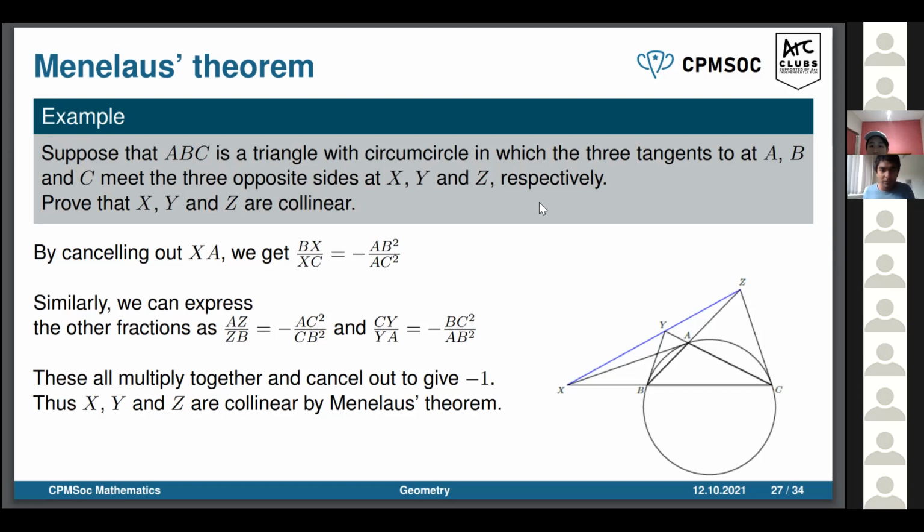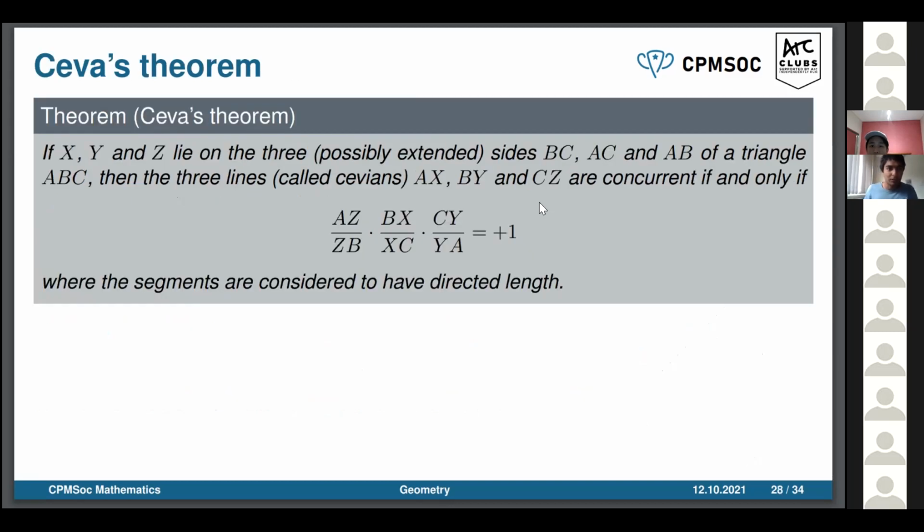Okay, now let's move on to Ceva's theorem. It's quite related to Menelaus's theorem, but now we're proving concurrency instead of collinearity. Again, we're using directed lengths.